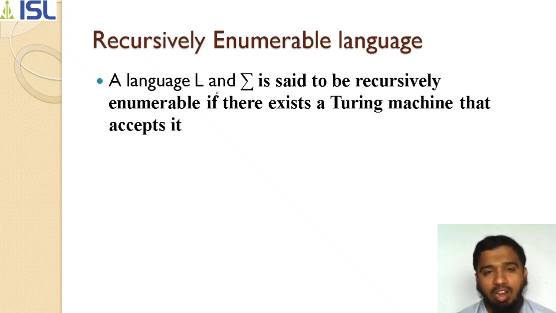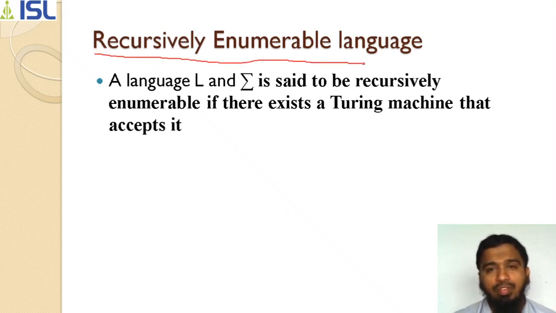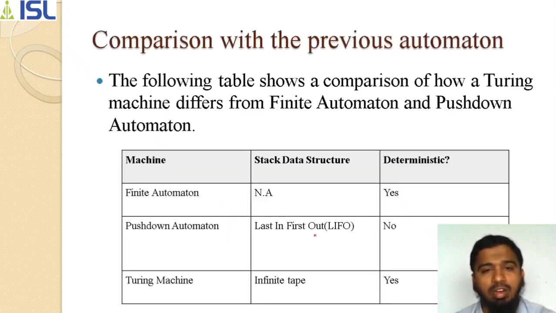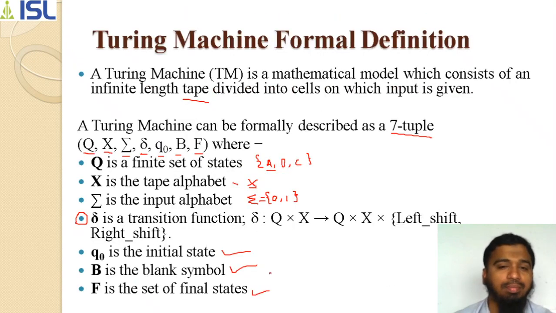So, a language L over sigma is said to be recursively enumerable if there exists a Turing machine that accepts it. Okay. As I showed you in the previous video, in the graph with circles, the recursively enumerable language is nothing but TM. This recursively enumerable language comes under Turing machine.